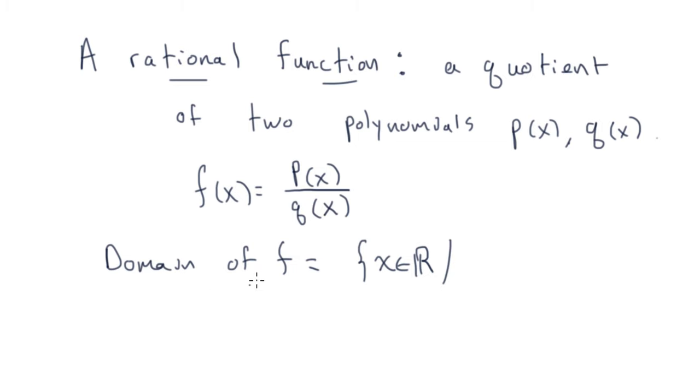So the domain of f is going to be all real numbers, except for those that make the denominator 0. So x in R such that q of x is not equal to 0. That'll be the domain of a rational function.